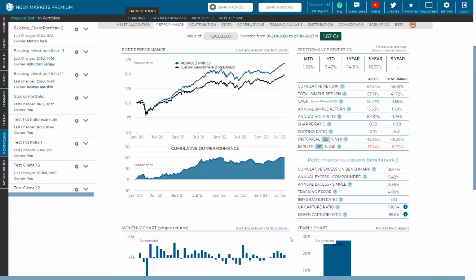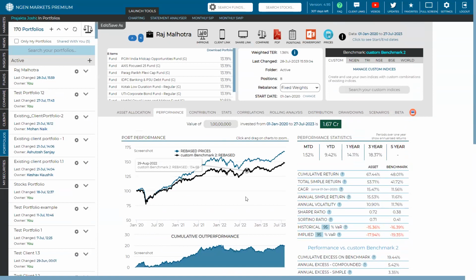Now moving on to the next crucial tab, wherein we'll discuss the contribution of each and every component of the portfolio to the overall portfolio return. Please note that the portfolio return here, cumulative, is a 67% return of the portfolio from 1st of Jan 2020. Now let us have a look as to in this 67%, which of the components in the portfolio have contributed to what extent.